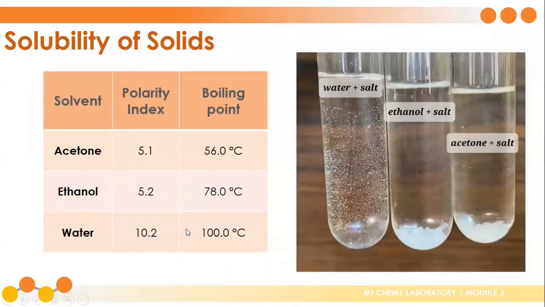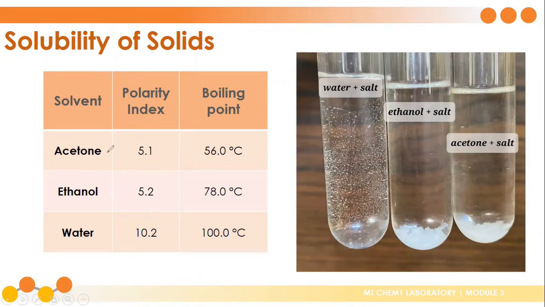Let's take a look at the polarity index and the boiling point of our solvents. We have here acetone with polarity index 5.1, ethanol with polarity index 5.2, and water with polarity index 10.2. What is polarity index? Polarity index is how polar a solvent is and how many charges it contains.